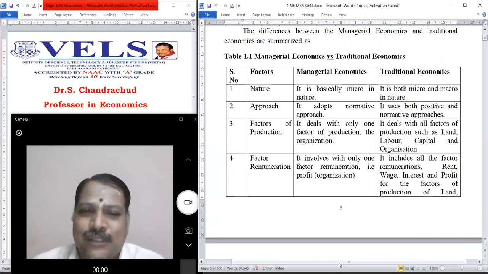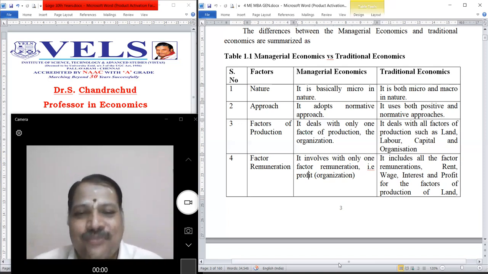Managerial economics deals with only one factor of production, that is the organization. There are 4 factors of production: land, labor, capital, and organization. All 4 are considered in traditional economics, but in managerial economics, we are considering only one factor of production called organization.